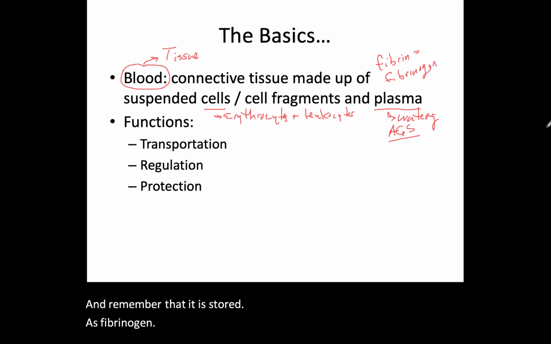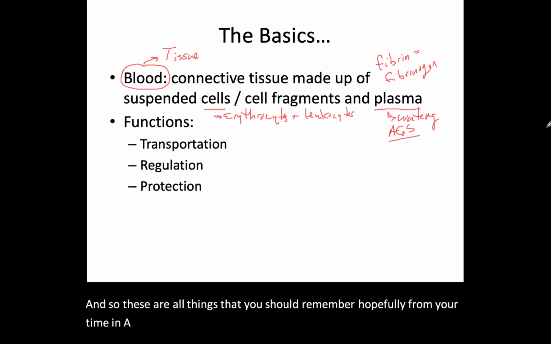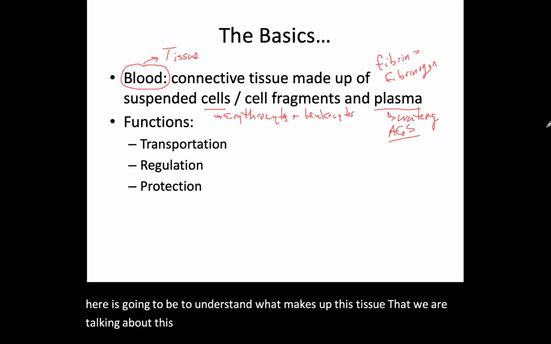And so these are all things that you should remember, hopefully, from your time in A&P I about blood as a tissue. Our look here is going to be to understand what makes up this tissue that we are talking about, this liquid tissue that we have.